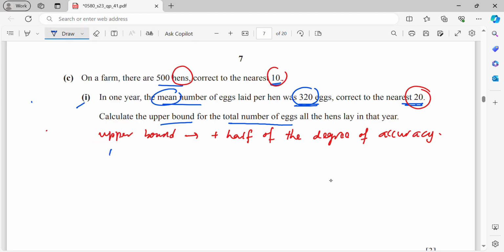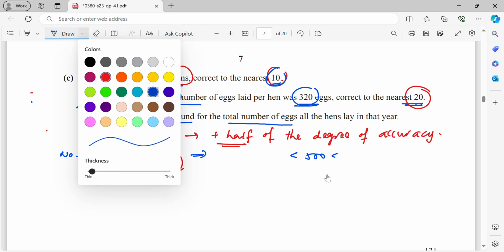For the number of hens, it will be 500. So this is the extra calculation: 10 over 2, which is 5. That means you add 5 to get the upper bound, so 500 plus 5 gives 505.